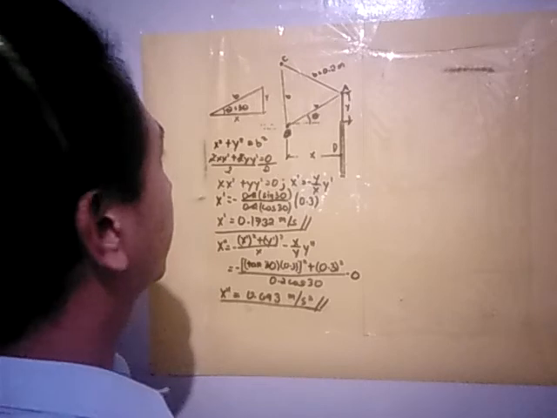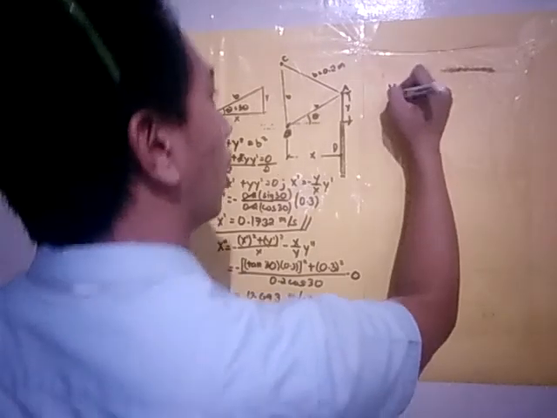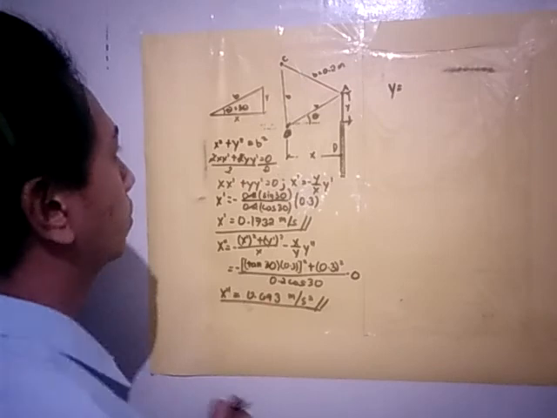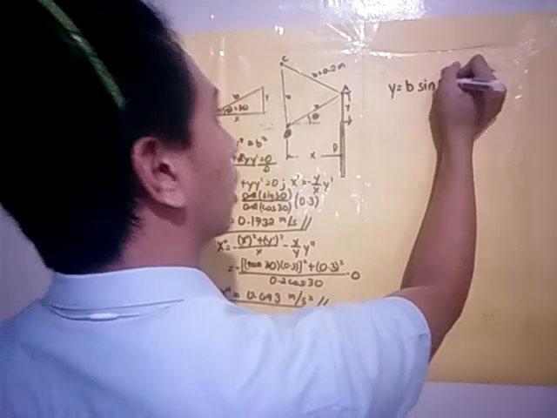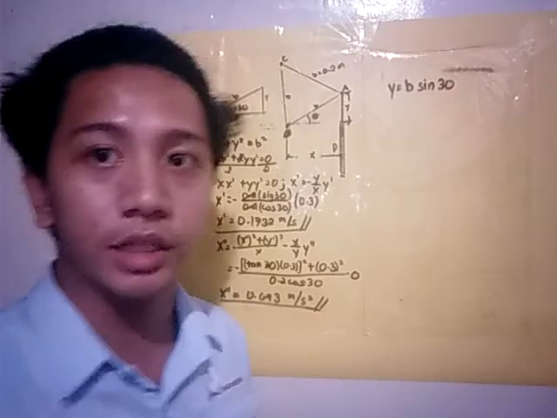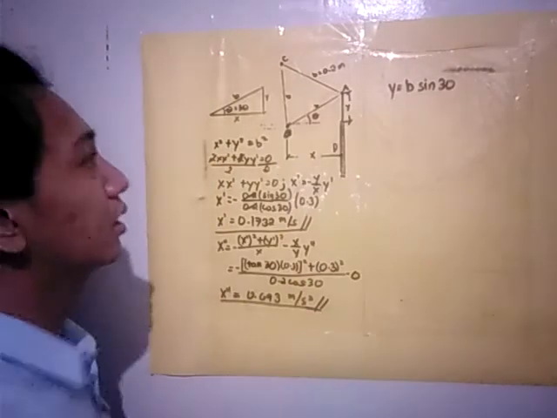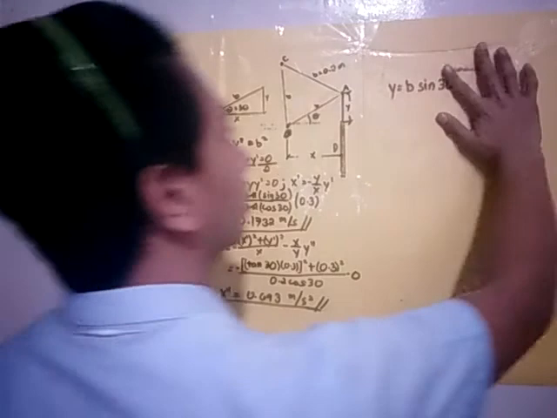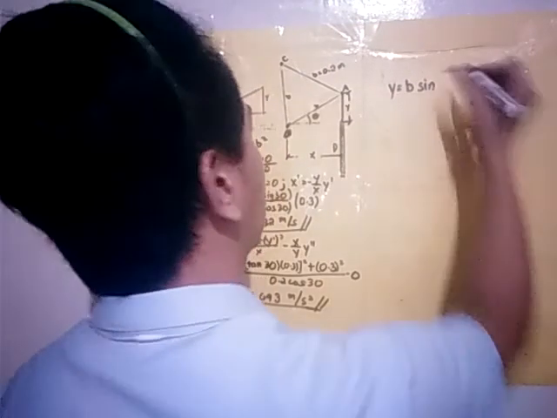So first, what is our y? Our y is equal to B sine 30 degrees, or rather B sine theta.